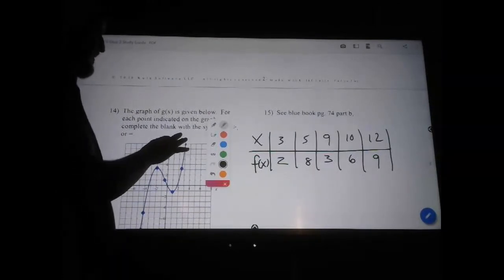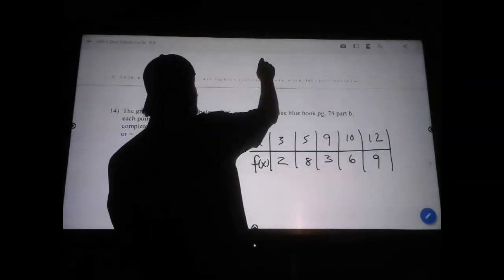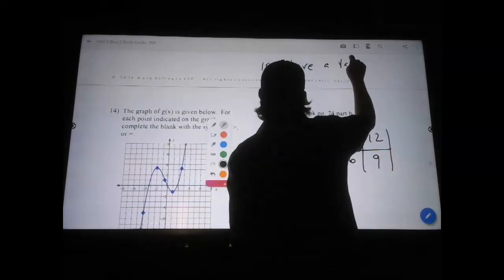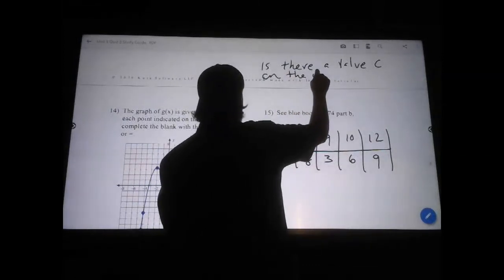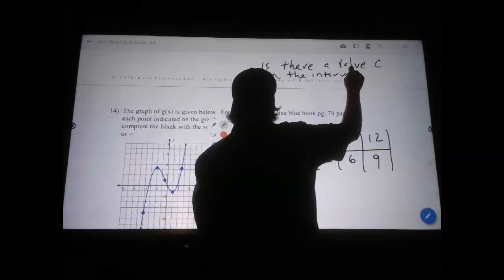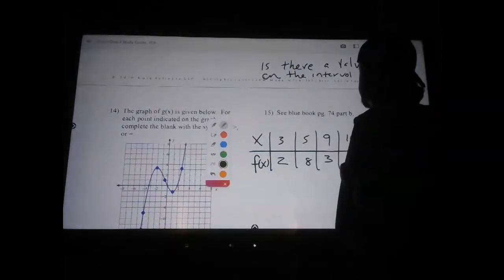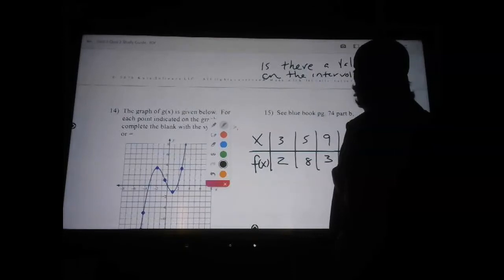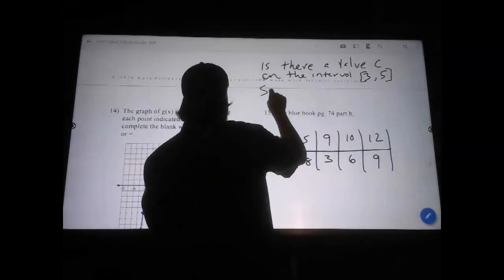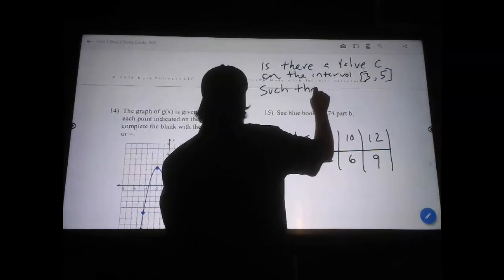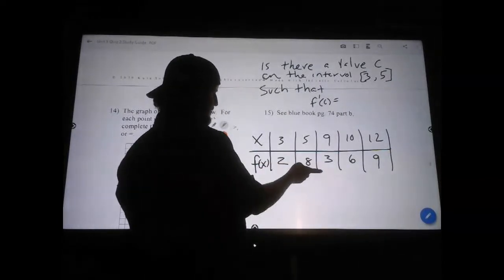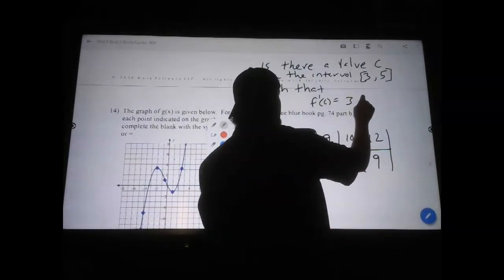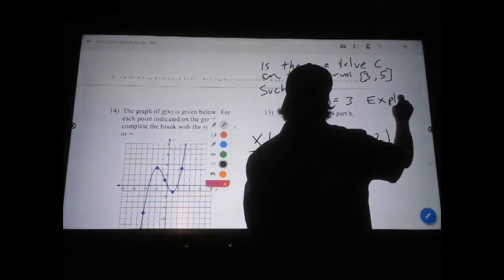Let me see, what would be a good one? Is there a value C on the interval (3 to 5) such that f prime of C is equal to 3, and then they ask you to explain your answer.